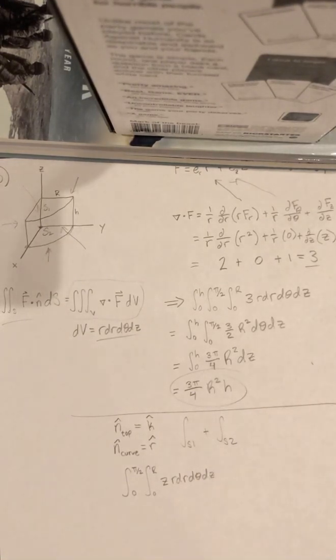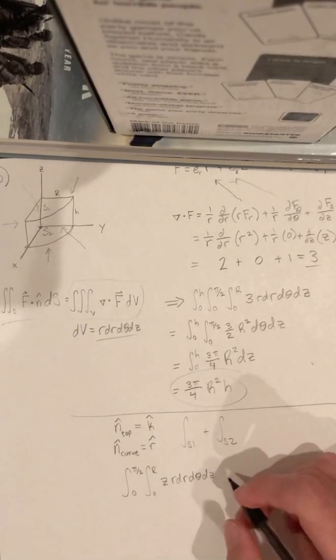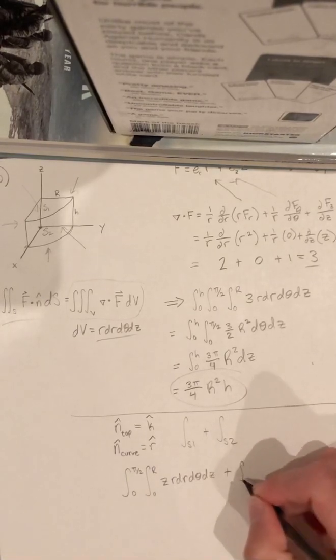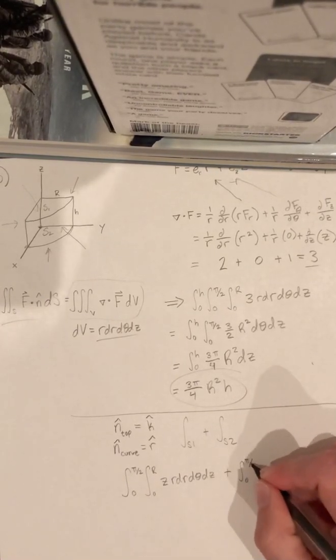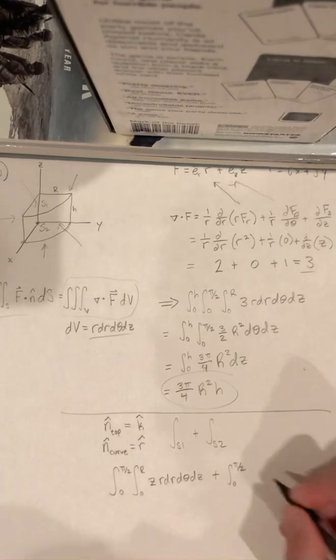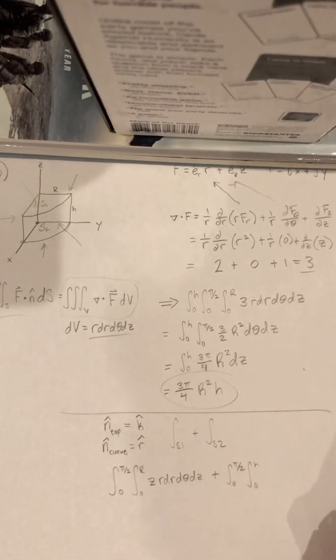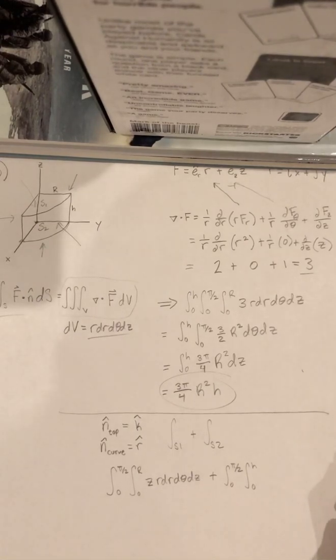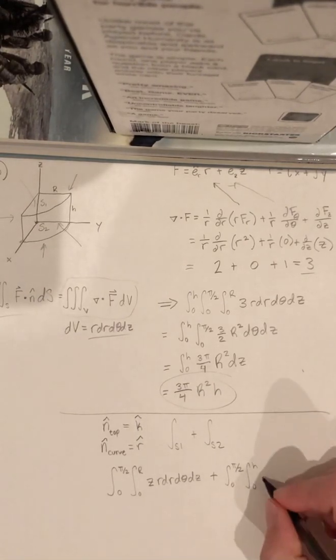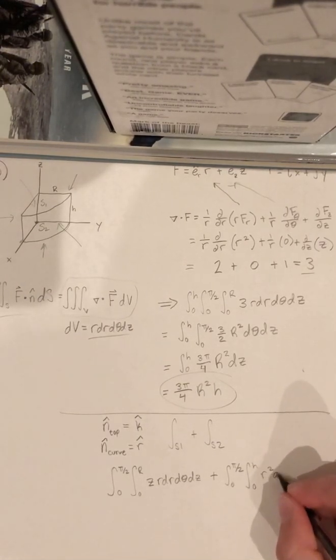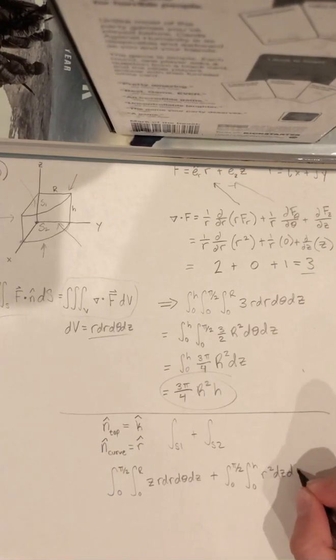Then we're going to add the second integral, which is going to be 0 to pi over 2, 0 to h this time. And this time, we're going to be looking at r squared dz d theta.